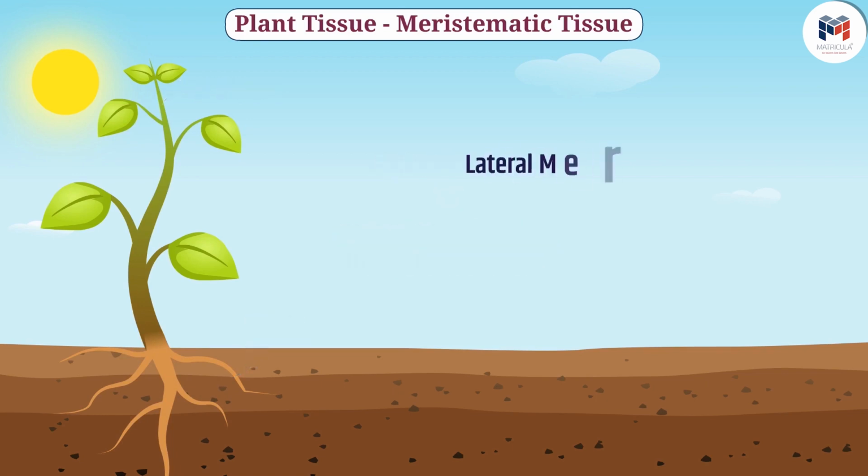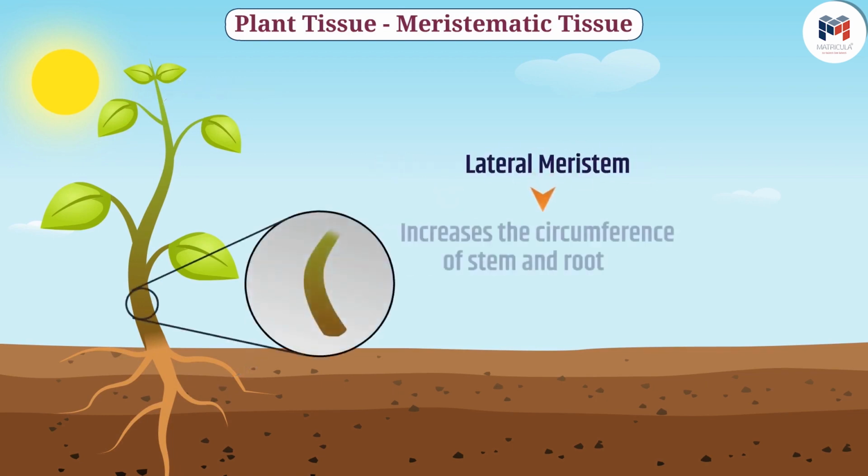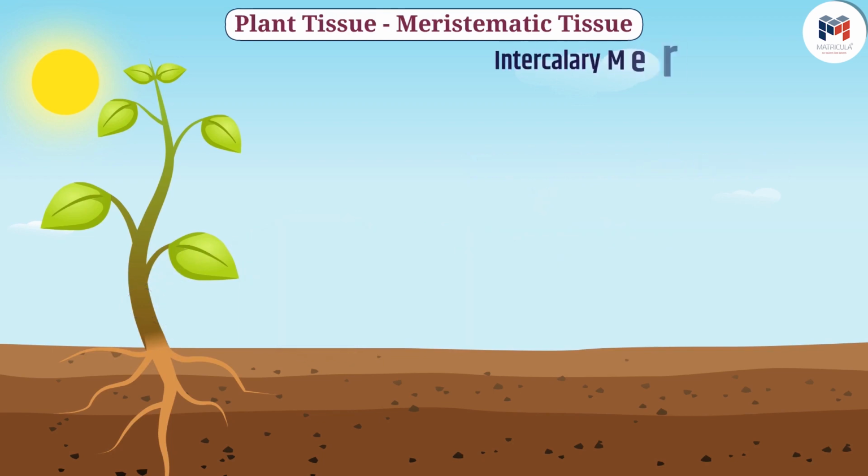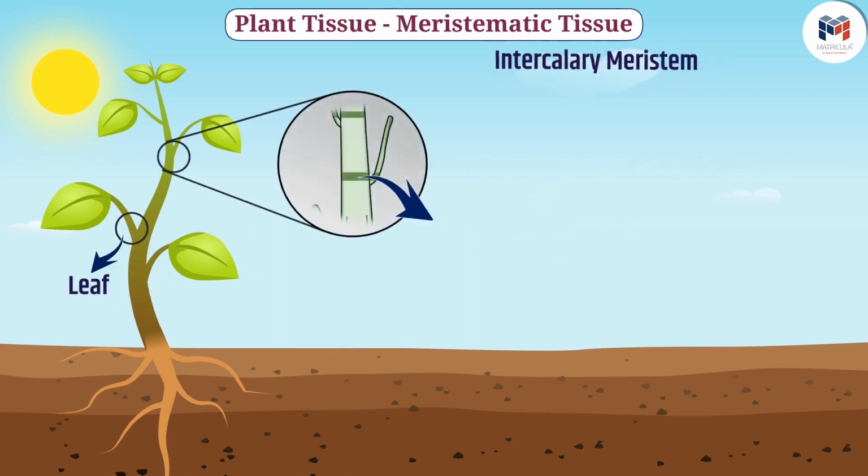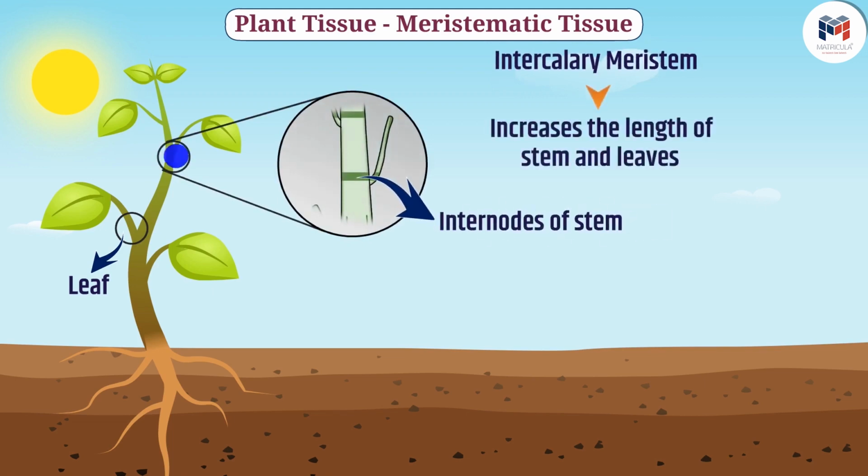Similarly, the lateral meristem increases the circumference of the stem and root, and lateral meristem is also called cambium. The intercalary meristem is present in the leaf base and near the internodes of the stem, which increases the length of stem and leaves.